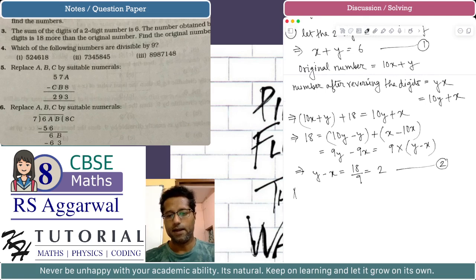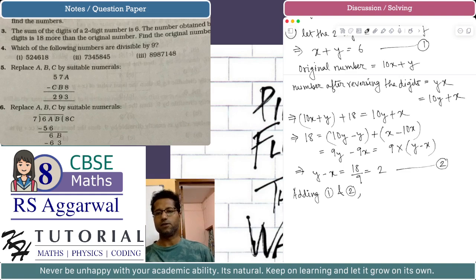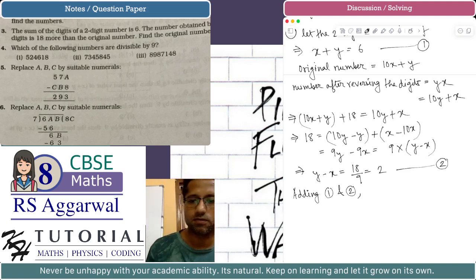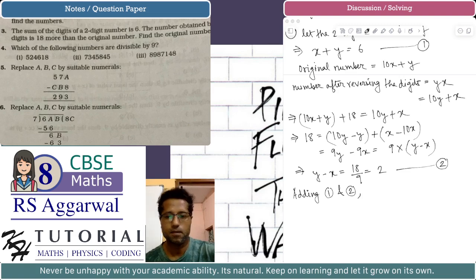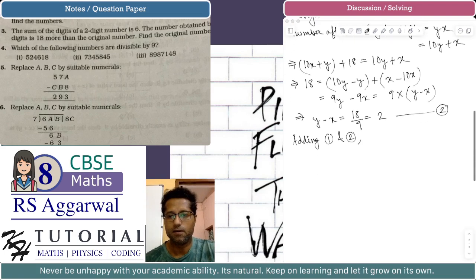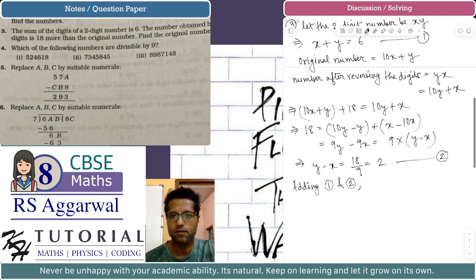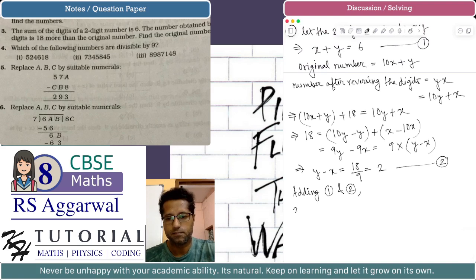Now if we add equations 1 and 2, the sum of the left hand sides of both equations becomes equal to the sum of the right hand sides. So we will have x plus y plus y minus x is equal to 6 plus 2.